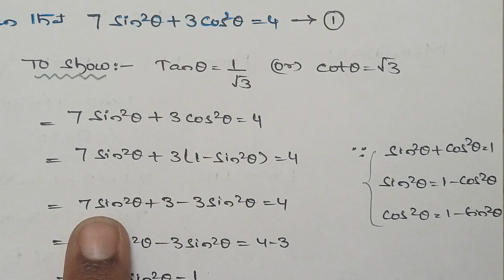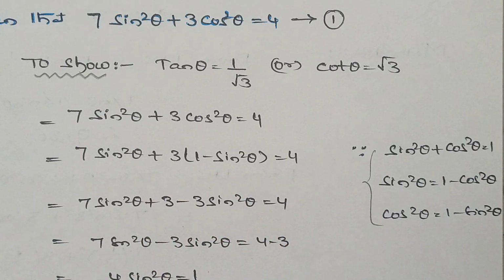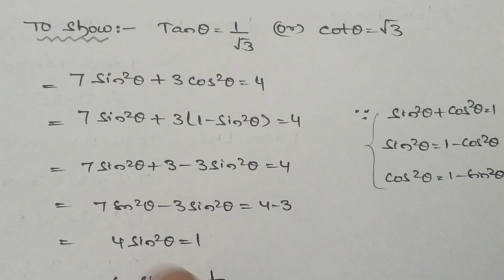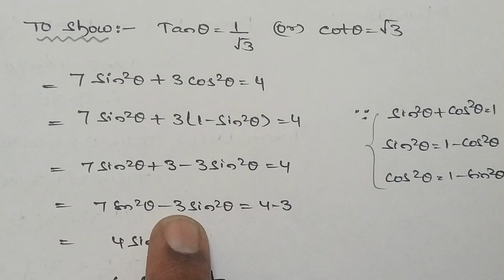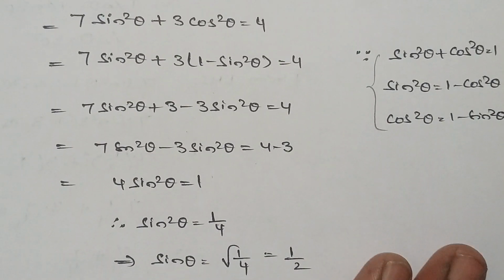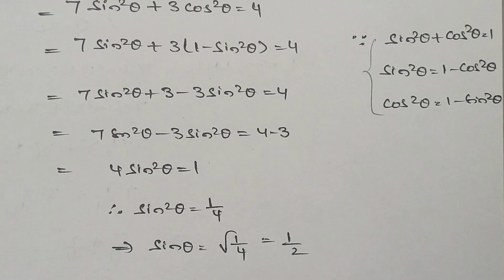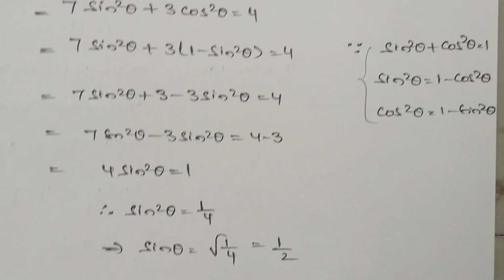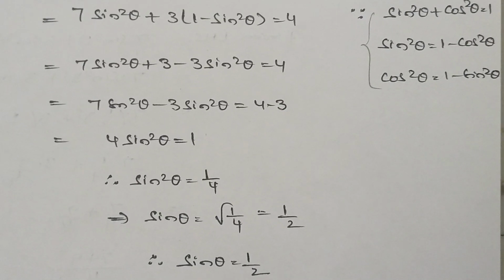Now simplify. What we get? 7 sin square theta plus 3 minus 3 sin square theta equal to 4. Simplify: 7 sin square theta minus 3 sin square theta, we get 4 sin square theta equal to 1. Therefore, sin square theta equal to 1 by 4, so sin theta equal to root of 1 by 4, that equals 1 by 2. When sin theta equals 1 by 2, the angle is 30 degrees.